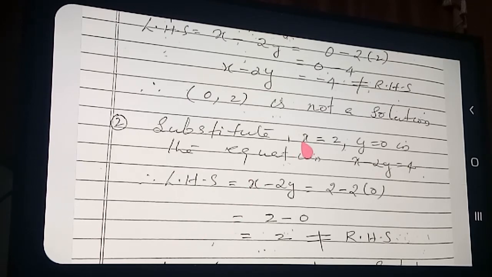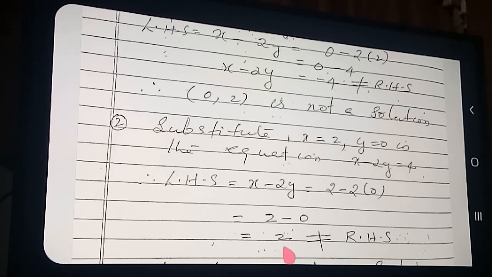Substitute the value. Second question is what is (2, 0). So same method only. Substitute the value of x is equal to 2 and y is equal to 0 in the equation. LHS take. What is the value of LHS? x minus 2y. In the place of x you apply 2, and in the place of y you apply 0. 2 minus 2 into 0. 2 minus 0.